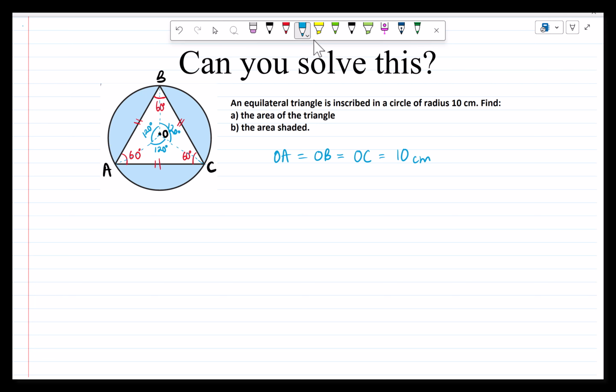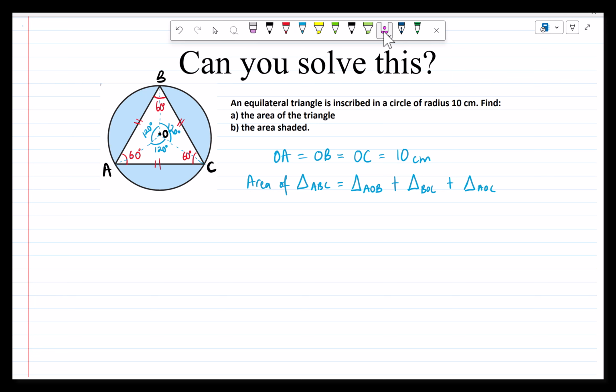Now that we have our diagram, we can find the area of the triangle ABC. The area of the triangle ABC is equal to the area of the triangle AOB plus the area of the triangle BOC, and lastly the area of the triangle AOC.